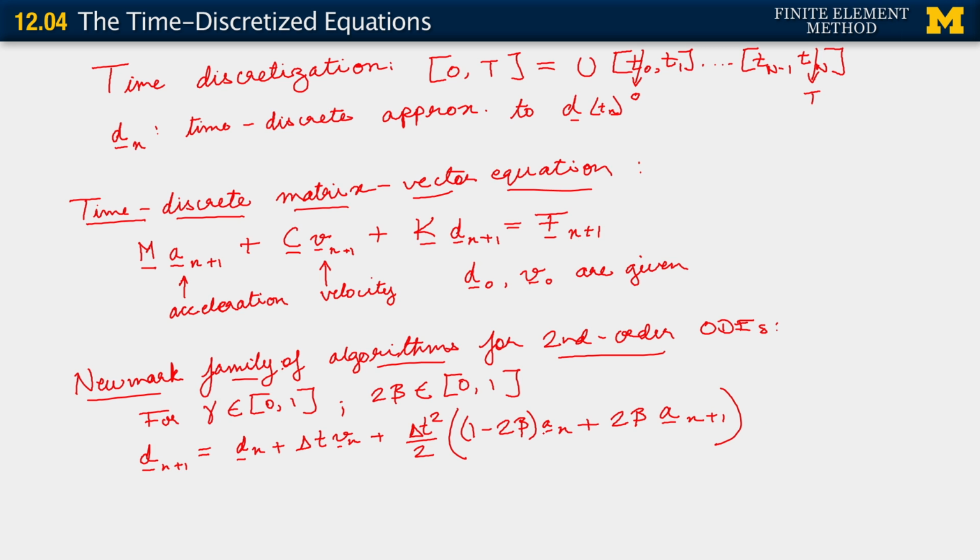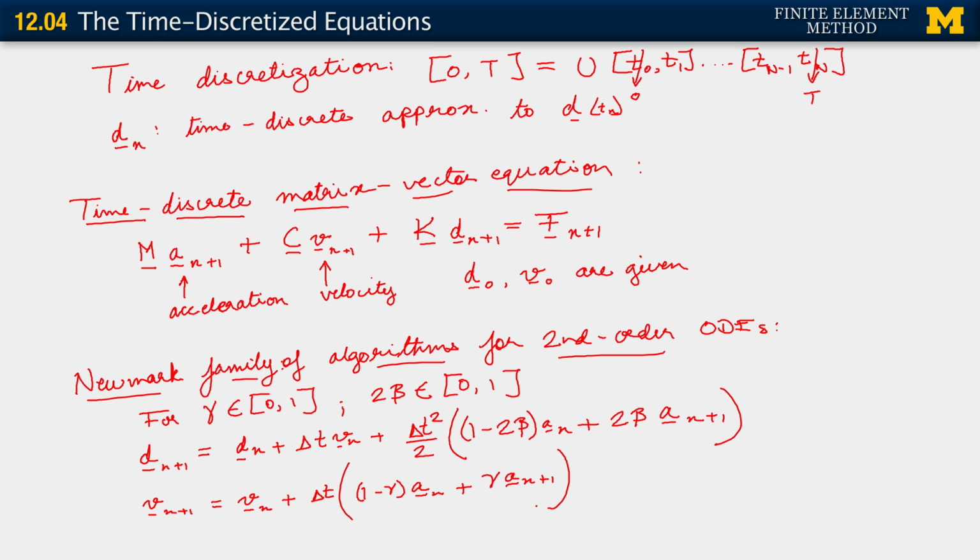All right? And then, because it's a second order algorithm, we need something for v n plus 1 as well. v n plus 1 is equal to v n plus delta t times 1 minus gamma at a n plus gamma at a n plus 1.